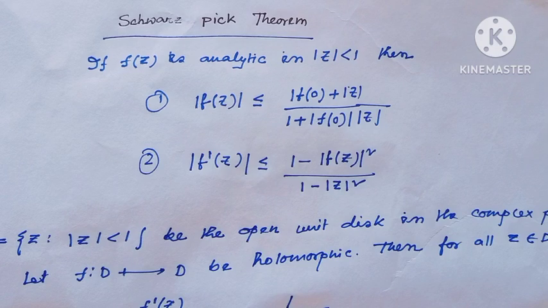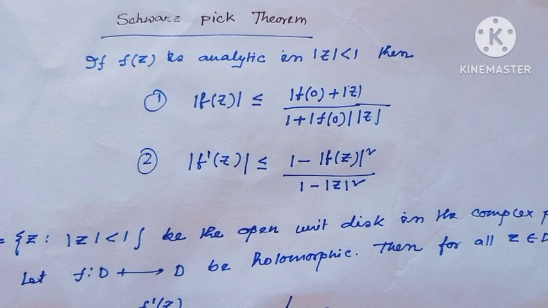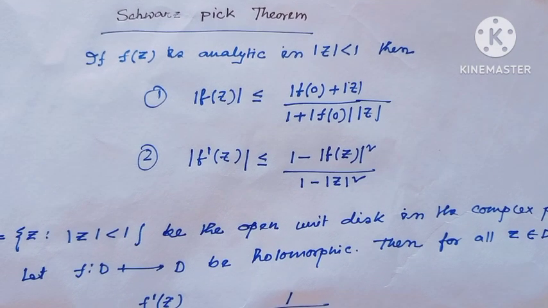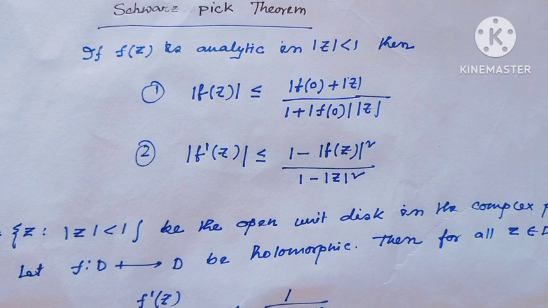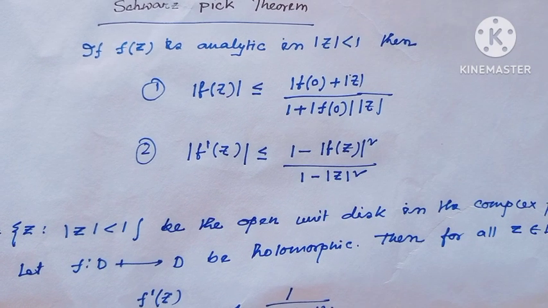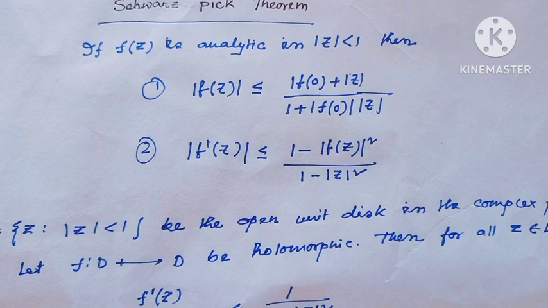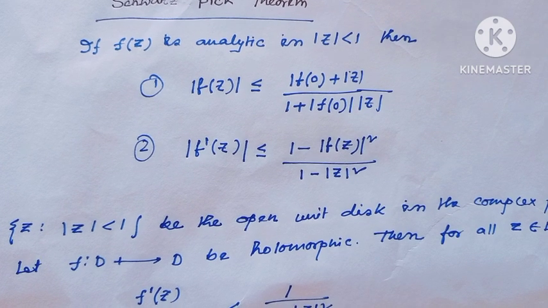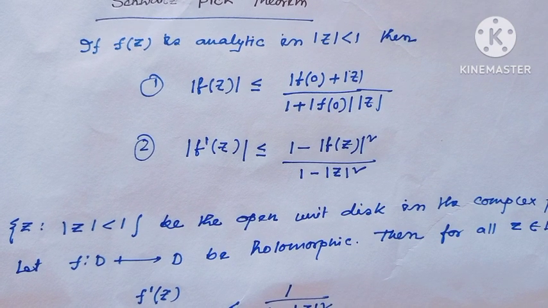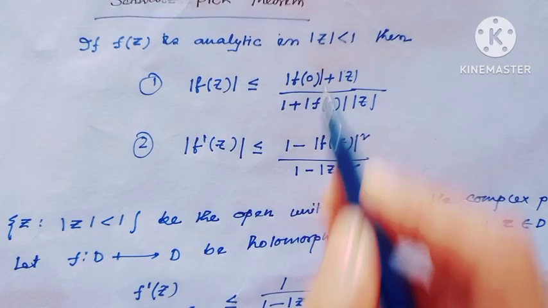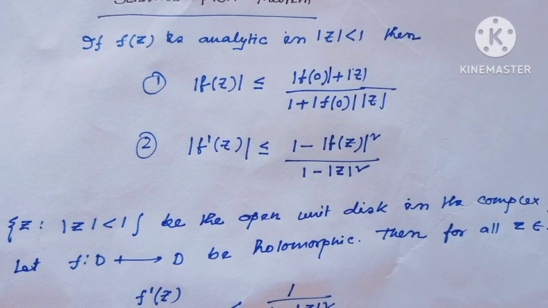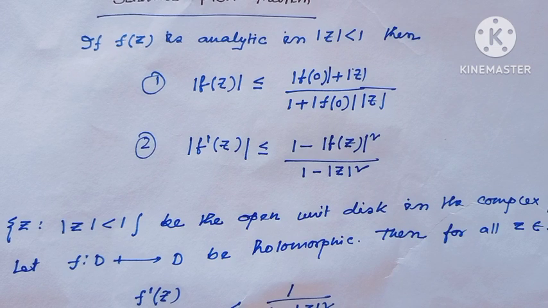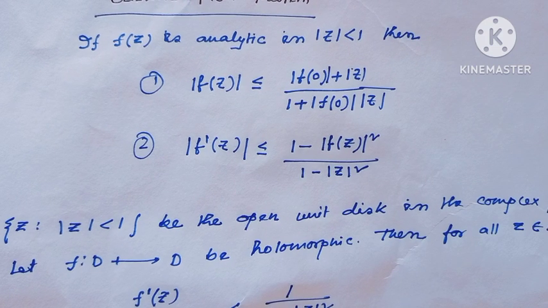Now I will see what the Schwarz lemma is. If f(z) is analytic in the domain modulus of z less than 1, then the Schwarz lemma tells us: first, modulus of f(z) is less than or equal to (modulus of f(0) plus modulus of z) divided by (1 plus modulus of f(0) times modulus of z).